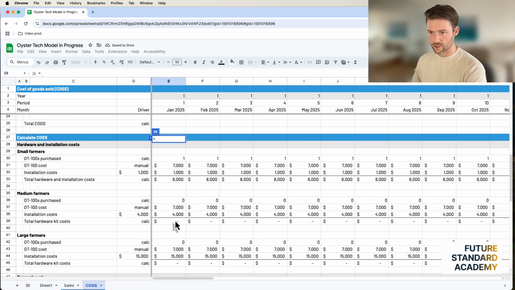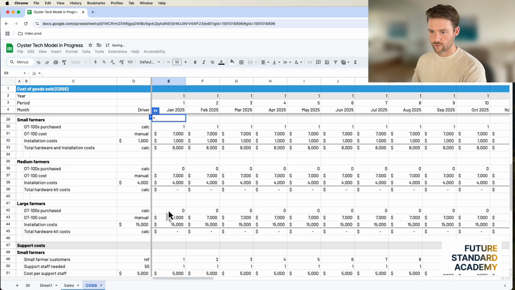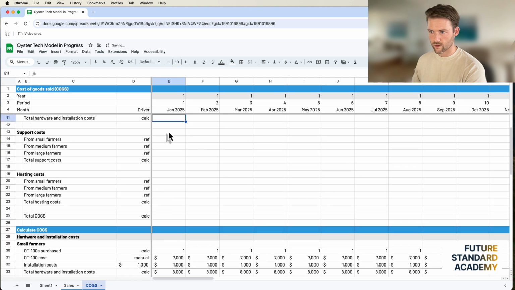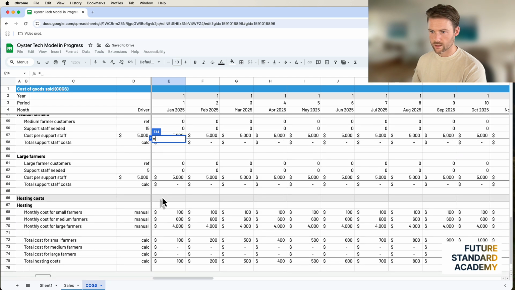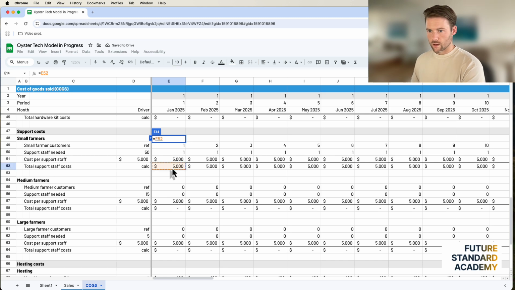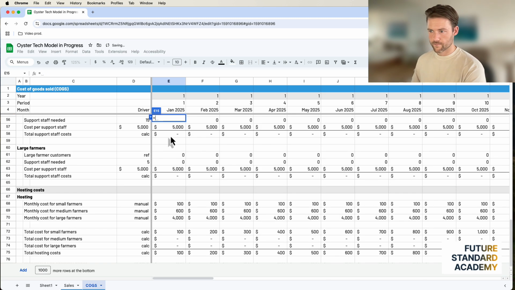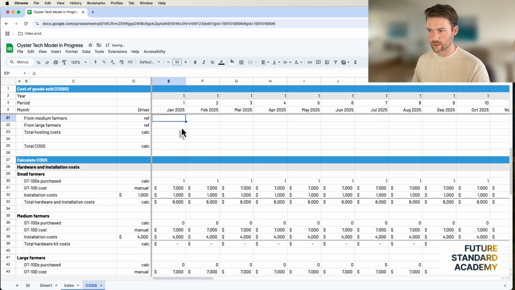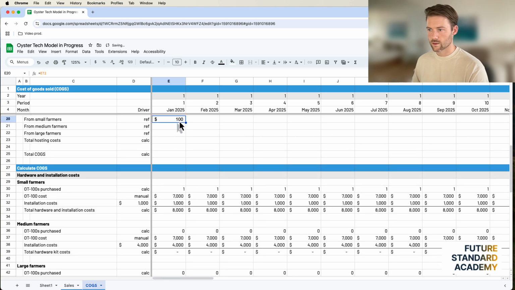So hardware installation costs from small farmers, from medium farmers, from large farmers, support costs for small, medium, large, and then hosting costs. It's already lined up there, so I'm just going to drag that down.